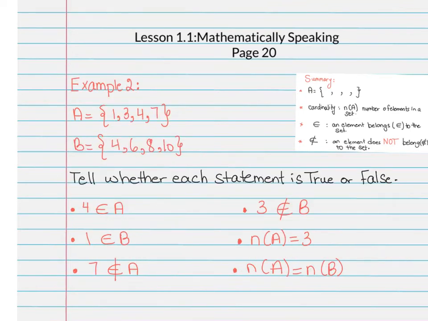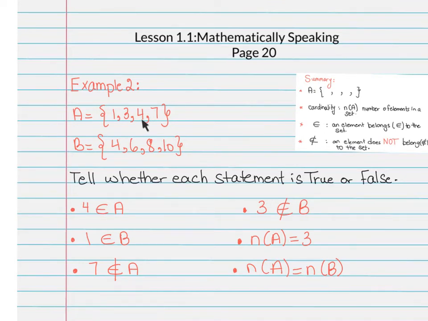Another question, we are given two sets and we need to tell whether the statements are true or false. The first statement is 4 belongs to set A. So 4 should be found in set A. Let's test that. Is 4 in set A?